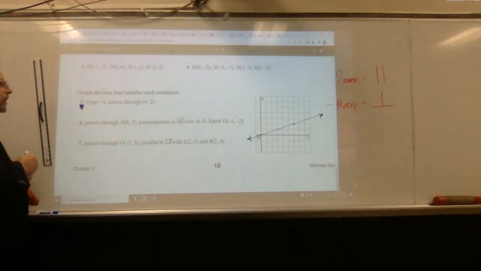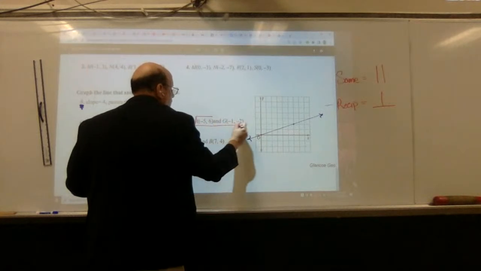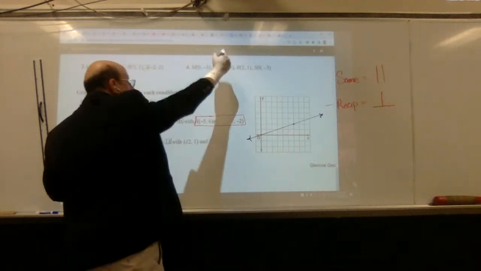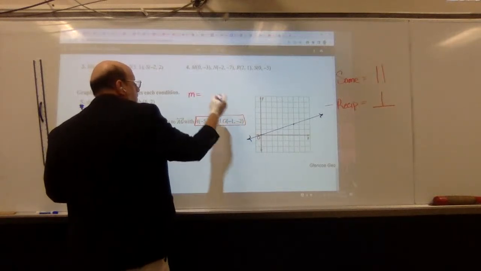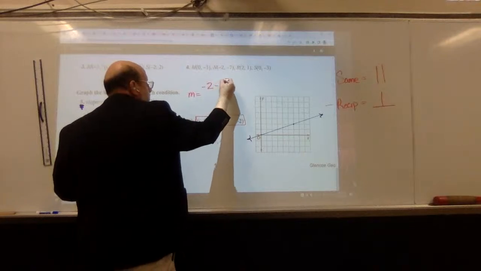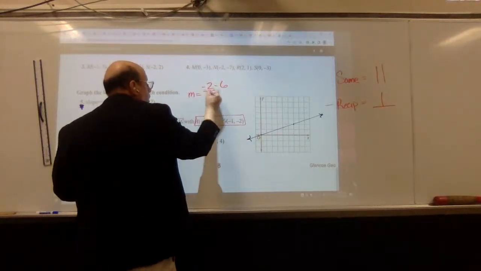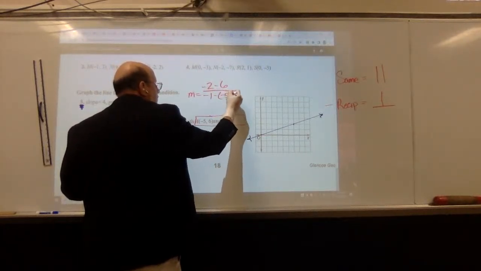Let's go ahead and find the slope of AG. So the slope, I'll put it up here, is -2 minus 6 over -1 minus a -5.